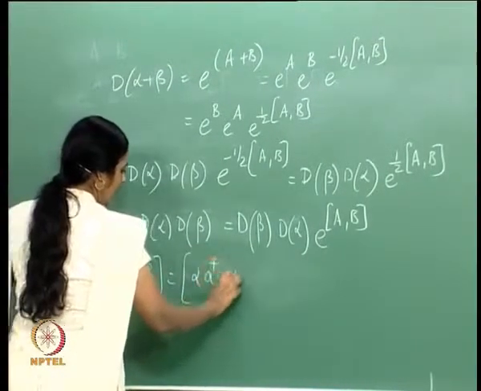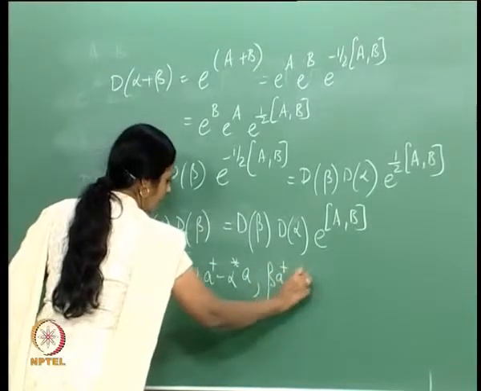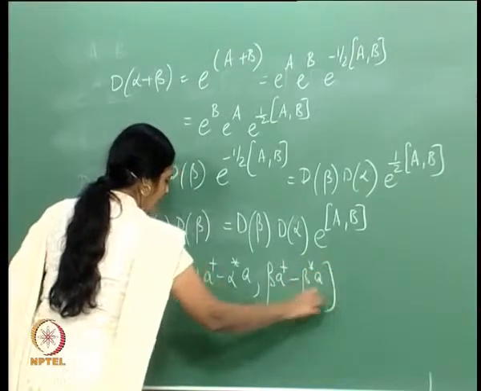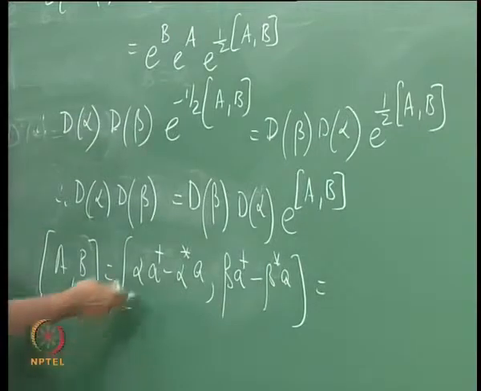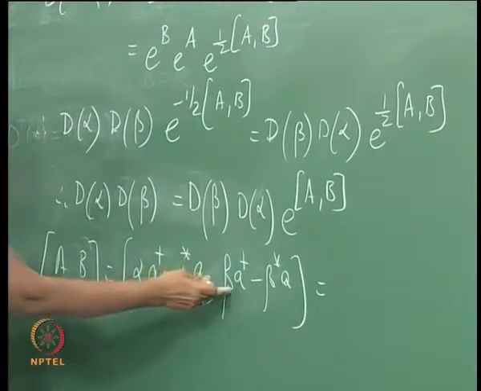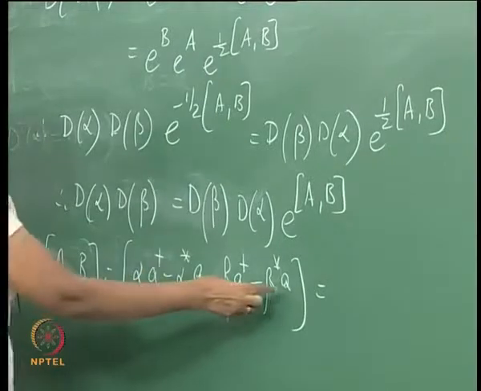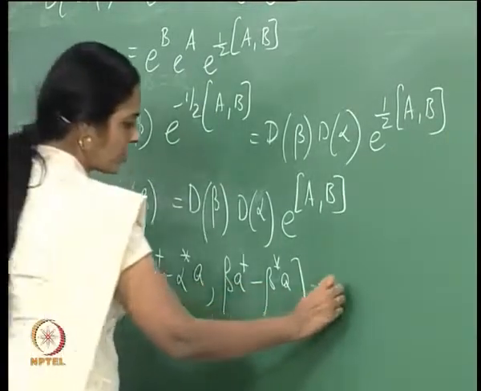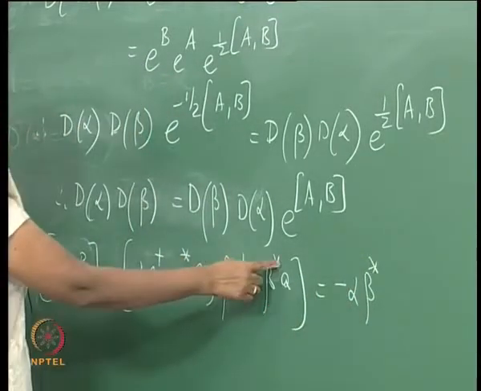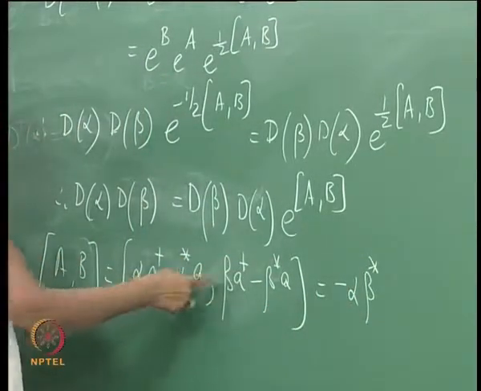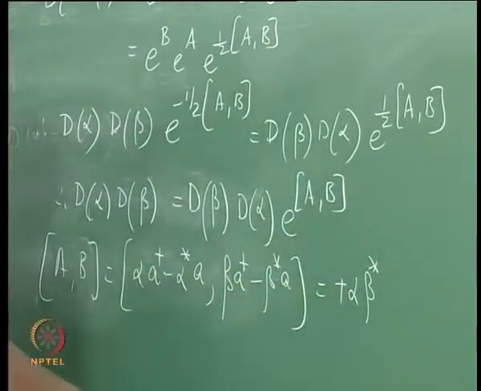Alpha a dagger minus alpha star a, commutator with beta a dagger minus beta star a. Alpha a dagger commutes with beta a dagger, but alpha a dagger with minus beta star a gives me a contribution, which is alpha times minus beta star, commutator of a dagger with a, which is minus 1, therefore giving me a plus sign there.